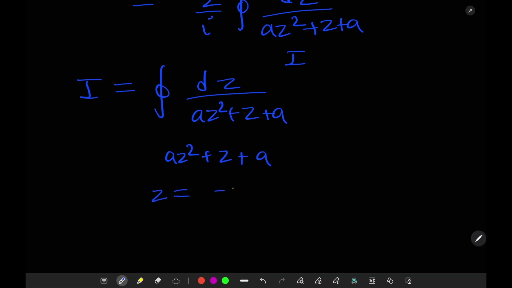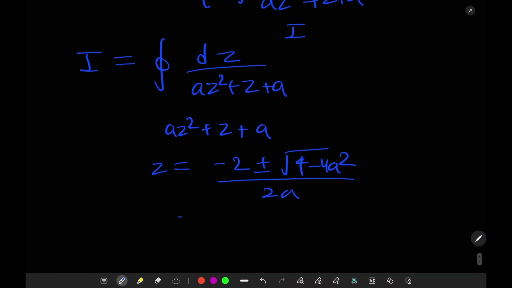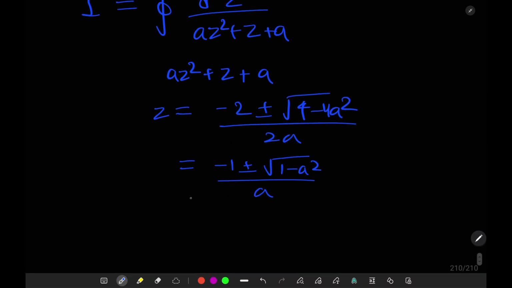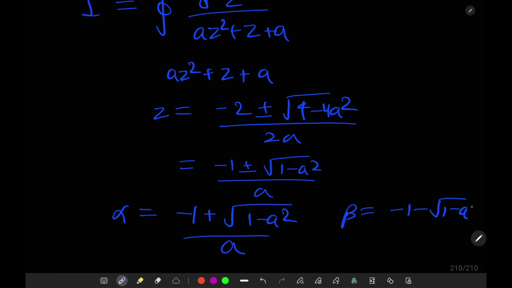Here z is equal to (minus 2 plus or minus root of 4 minus 4a square) divided by 2a, and we get this value. There are two zeros, so let one be alpha, equal to (minus 1 plus root of 1 minus a square) divided by a, and another beta, equal to (minus 1 minus root of 1 minus a square) divided by a.